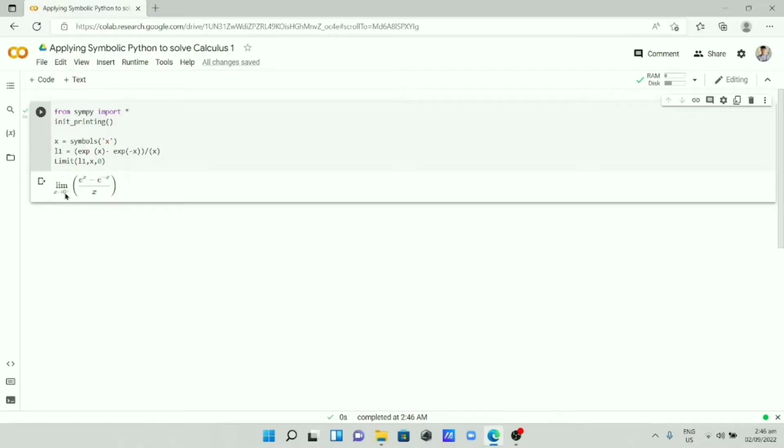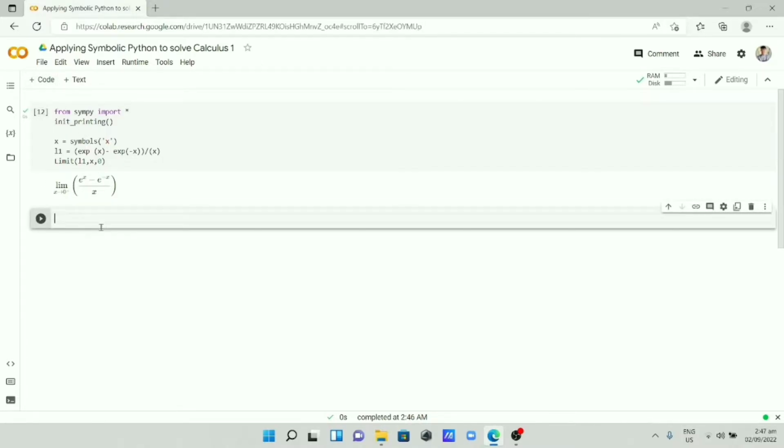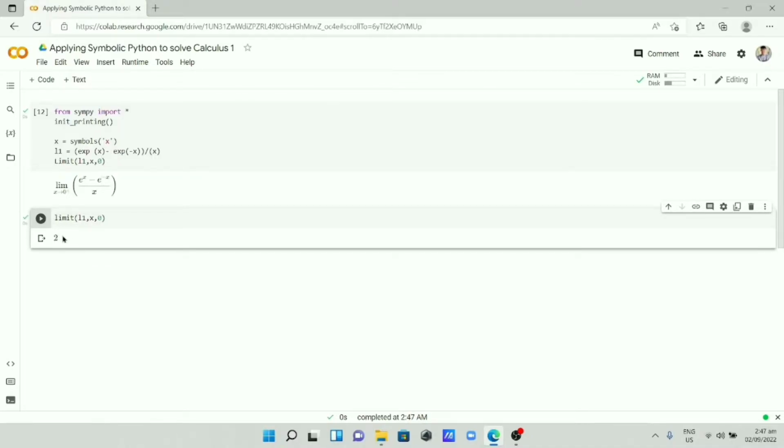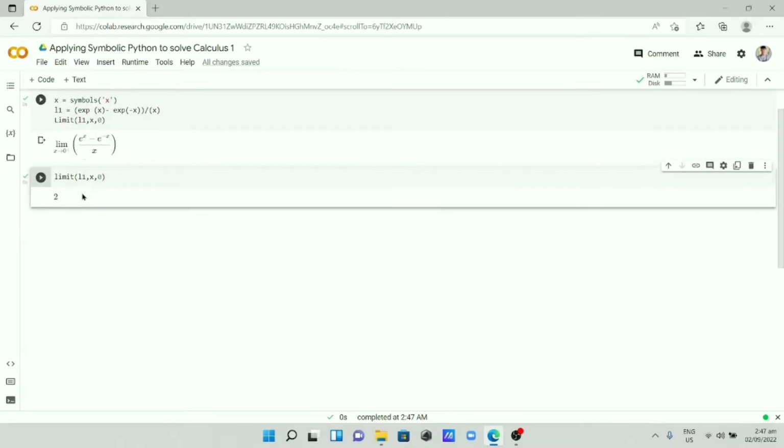as x approaches 0. To solve for the value of this limit, we are going to use the lowercase limit of the function L1 as x approaches 0, which is equal to 2. Remember that the lowercase limit is used to solve the value of the limit, and the uppercase Limit is used to display the expression of the limit.